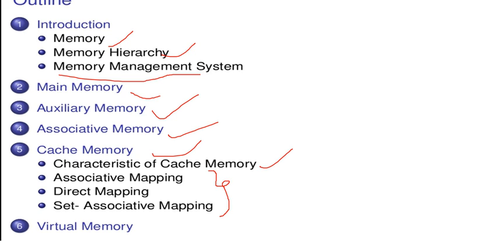So the data that is to be processed by the CPU at a particular time is fetched to this memory, and so we have to somehow manage the data which comes to the cache memory for processing, and the data that is to be swept back to the main memory. Then we will talk about the virtual memory. So these are the contents we will be covering in this unit.